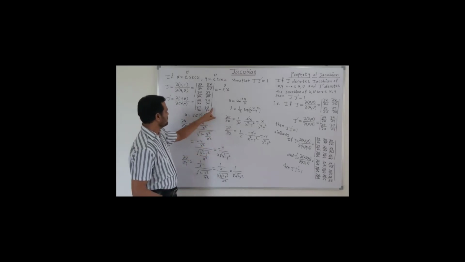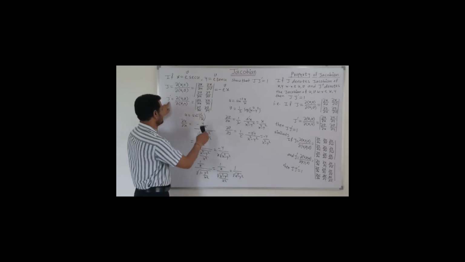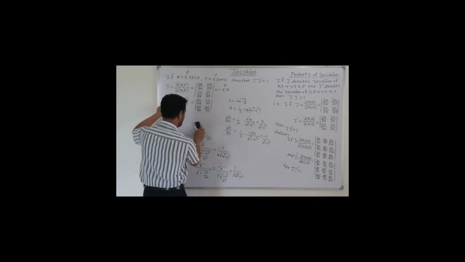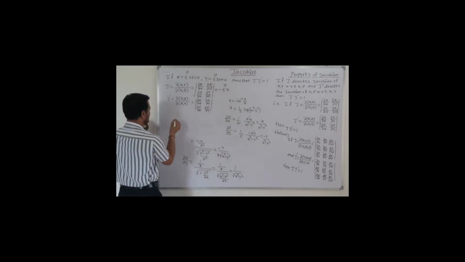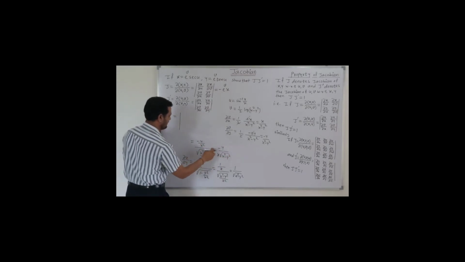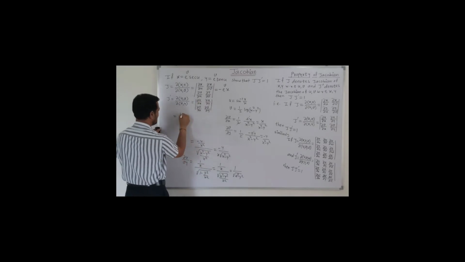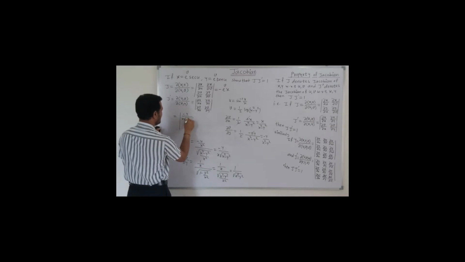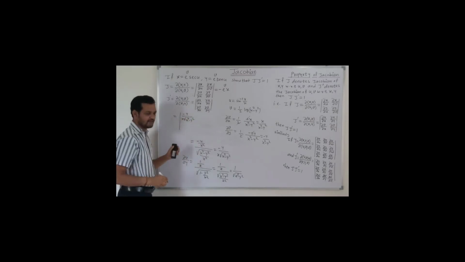Now put all these values in this equation, equation z dash. If we put these values in z dash, then we get the value of this determinant as follows. This is the partial derivative of u with respect to x, which is minus y upon x, then root of x square minus y square.